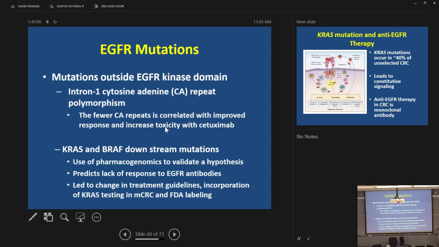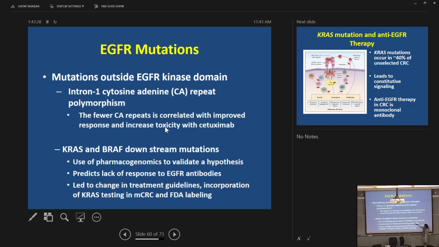Okay. All right. So mutations outside the EGFR kinase domain. Okay, so this is not in that kinase domain. These are outside the kinase domain. We know that if you have this intron 1 cysteine adenine repeat polymorphism, that actually confers improved survival to cetuximab. So that's kind of a predictive for cetuximab.